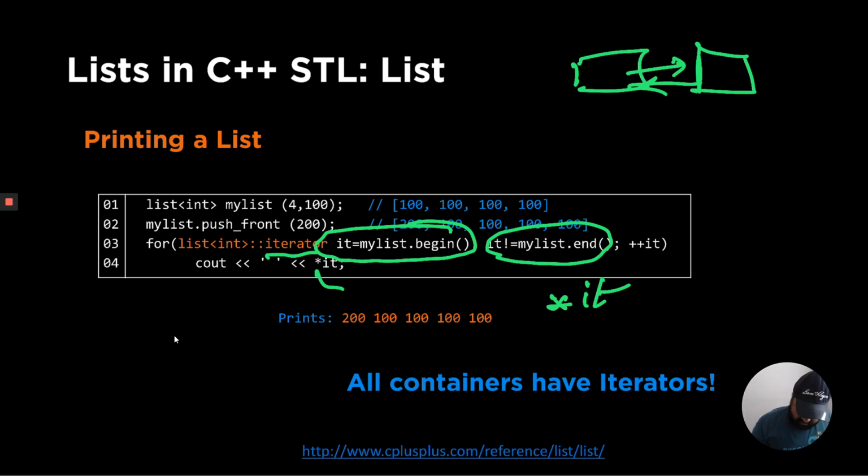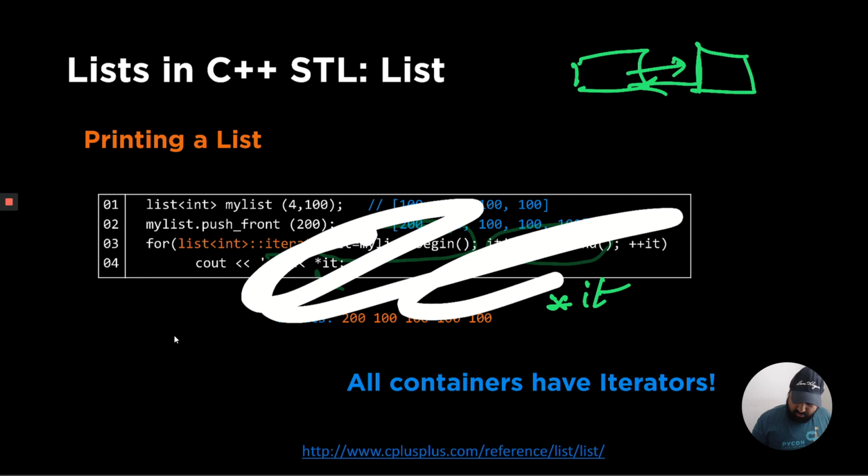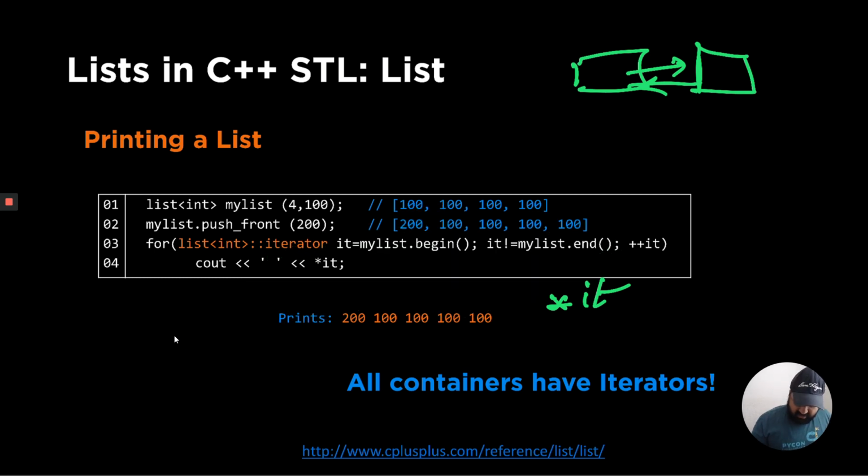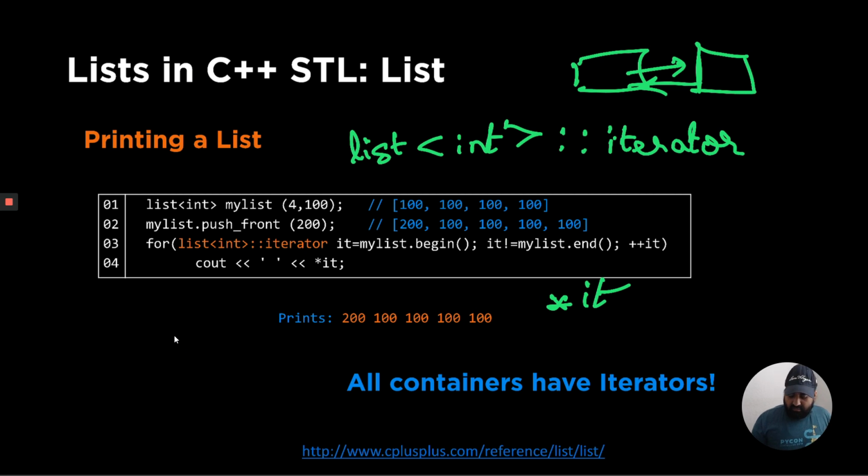So I'm going to show you once again how you define an iterator. You use a container, which in this case was a list int container, and you use the scope resolution operator followed by iterator, and you can define a new iterator of this type.